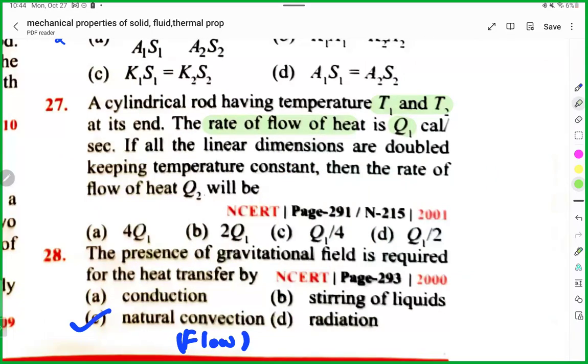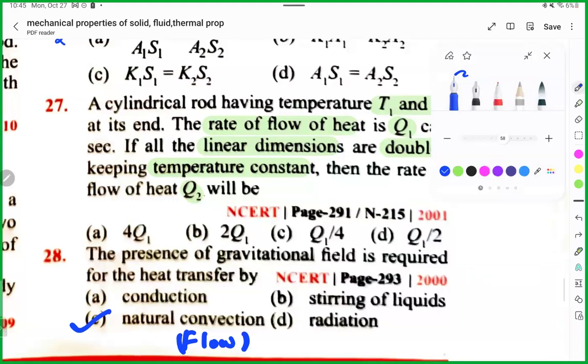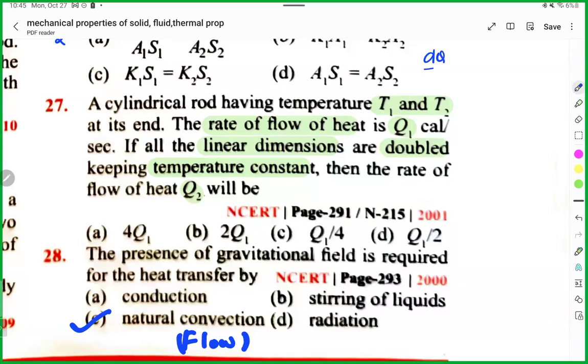If all the linear dimensions are doubled and temperature is constant, what will be the Q2 value? dq by dt is equal to K A delta T by L. Everything is the same: delta T same, K same. But the linear dimension, area and length are changing, doubling. What will be the value?